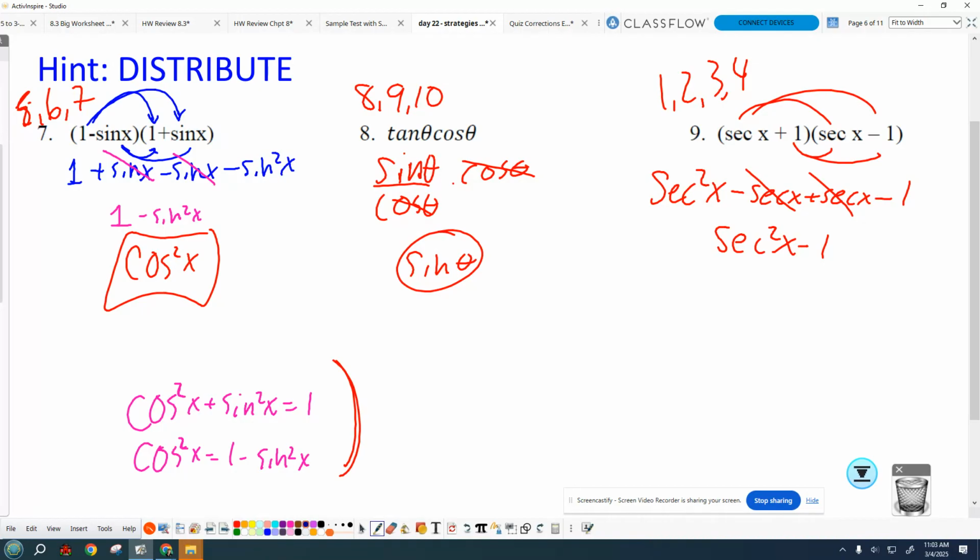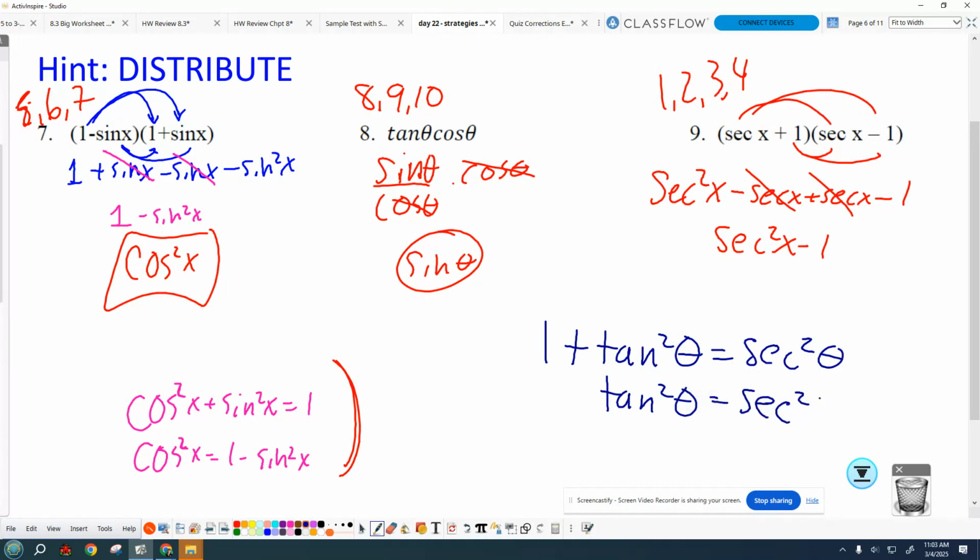It's 1 plus tangent squared equals secant squared. So secant squared minus 1 becomes what? Subtracting 1 from both sides of that identity, I'm going to get rid of this and put in tangent squared.